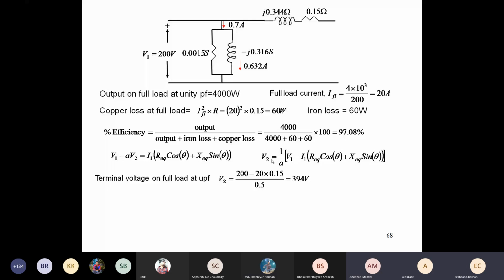So you see that the sin theta component is gone. So V1 is 200 minus I1 Req cos theta, which is 1. I1 is 20, Req is 0.15. Everything we are doing with respect to the low voltage side, divided by 0.5, and you get ultimately this voltage.